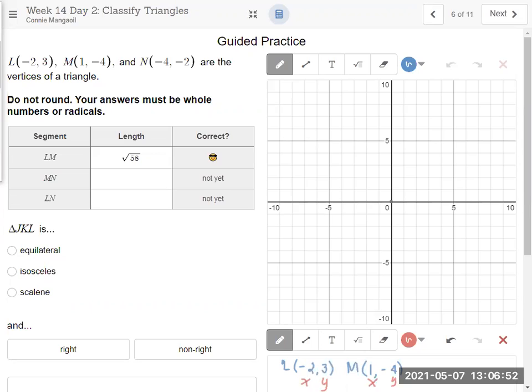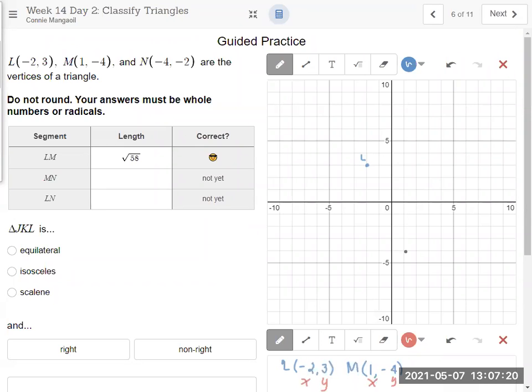So from the origin, it's negative 2, so we move left 2 units. And then positive 3 means we go up 3. 1, 2, 3. So this is our point L. Okay? Then second, we have M. M is 1, negative 4. So positive 1, we go right. And then negative 4, we go 4 units down.